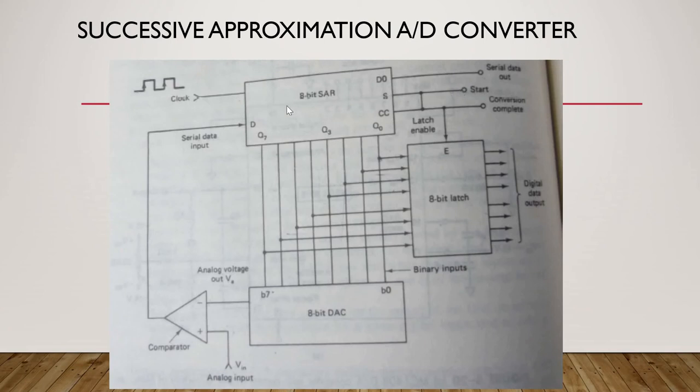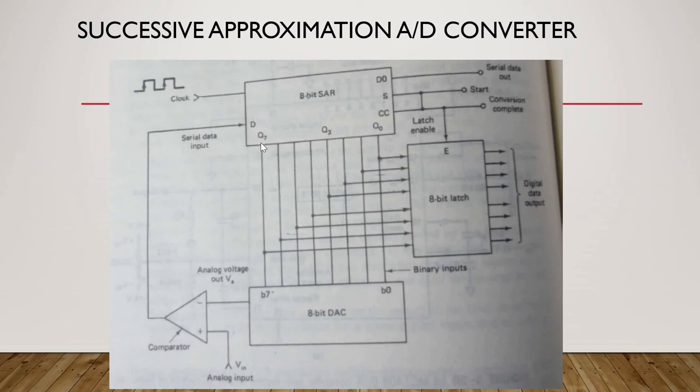On the first clock pulse, either low to high or high to low transition. Here they have mentioned low to high transition. Whenever the clock reaches the low to high transition, your conversion is going to start. Initially S will be high, then it is going to check whether the clock pulse has reached low to high transition. According to that, it will provide the output.